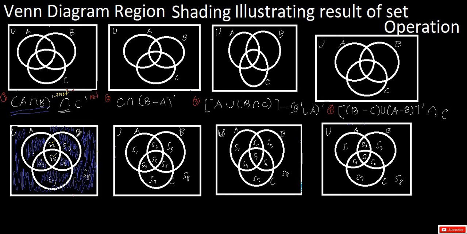So not C. So therefore we will shade S sub 1, because this is not a region of set C, S sub 2, S sub 3, okay, and S sub 8.